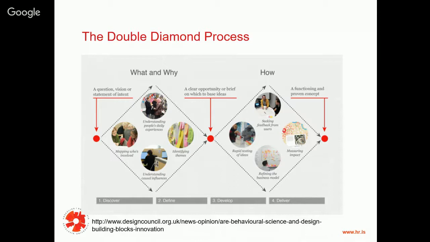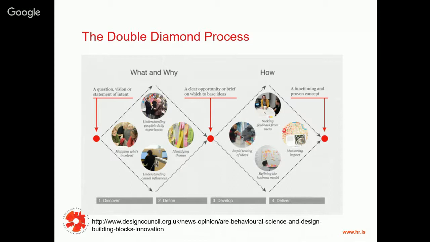mapping who's involved. That is the user group mapping that you are going to do. You're really exploring, okay, if I want to do a new software, I would like to help people. Which are the people, which are the groups that I could be doing software for?